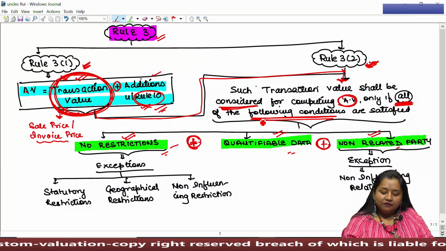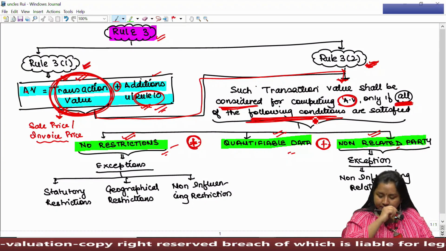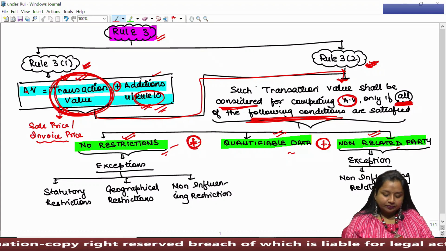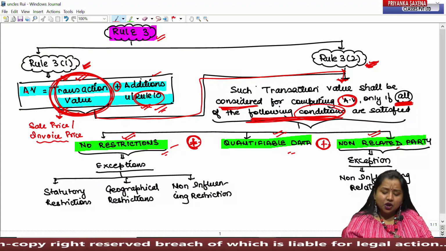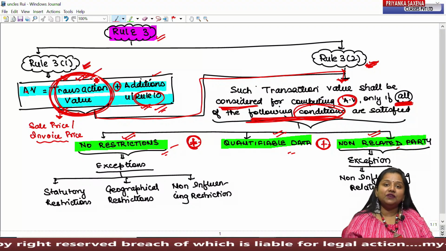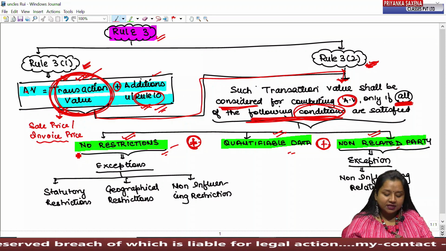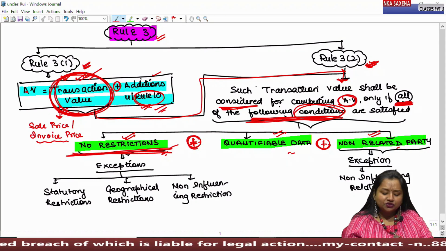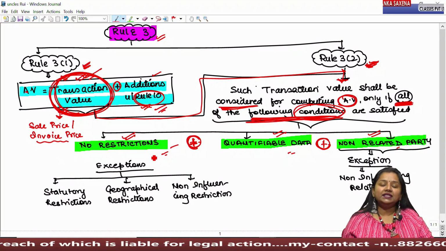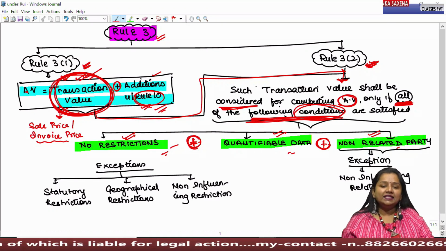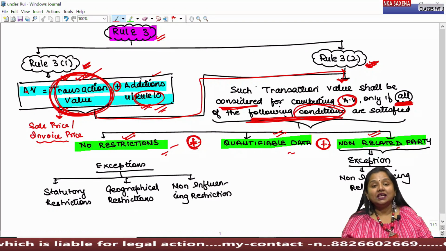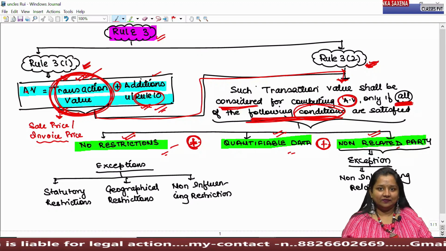So now, if we would like to conclude the conditions on the basis of which transaction value has to be taken under Rule 3, then the first condition is that there shall be no restriction upon the buyer by the seller on the goods after their sale.